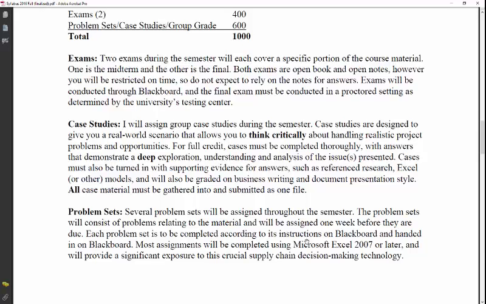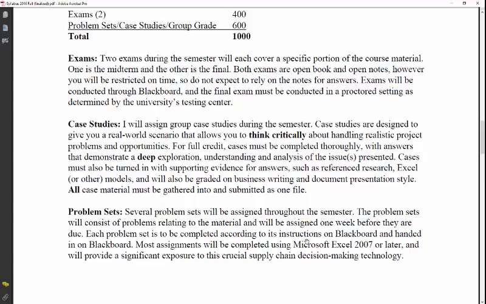Okay, and if you submit Microsoft Excel files, you should also put your comments or responses in that file.